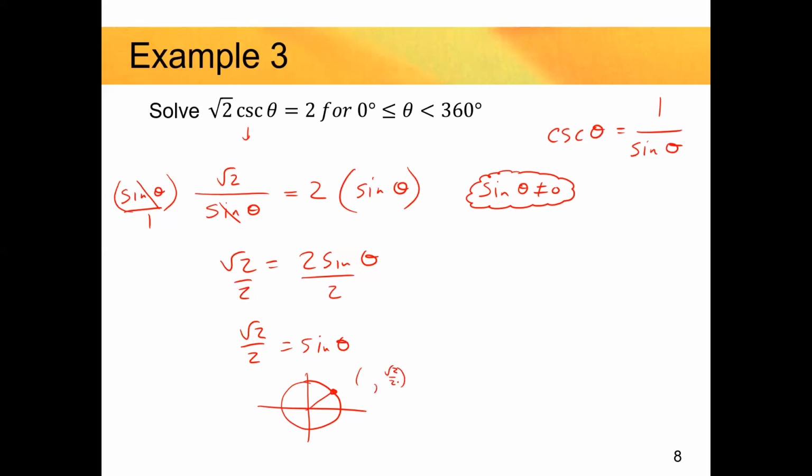The y value root 2 over 2. 135. 135, yep, perfect. Right over here, and I'm done. There it is, so 45 degrees and 135 degrees would be my two answers. We never had this situation come up, so that's cool.